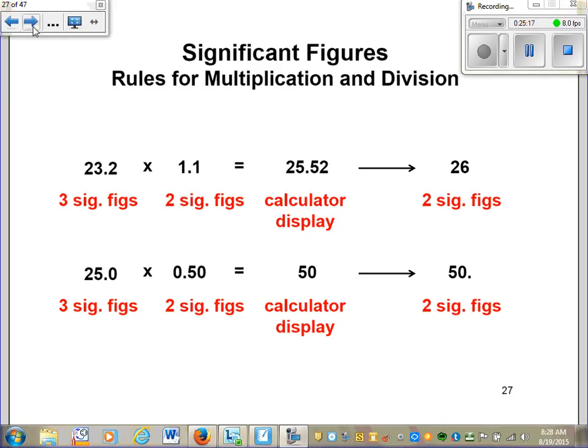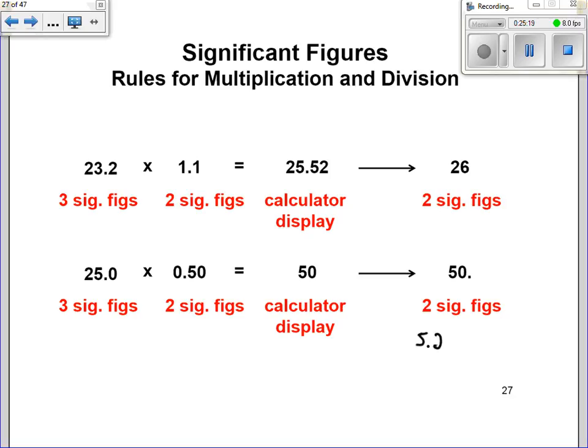I could put 5.0 times 10 to the first. So 5.0 has two significant figures. We'll talk about scientific notation in a little bit.